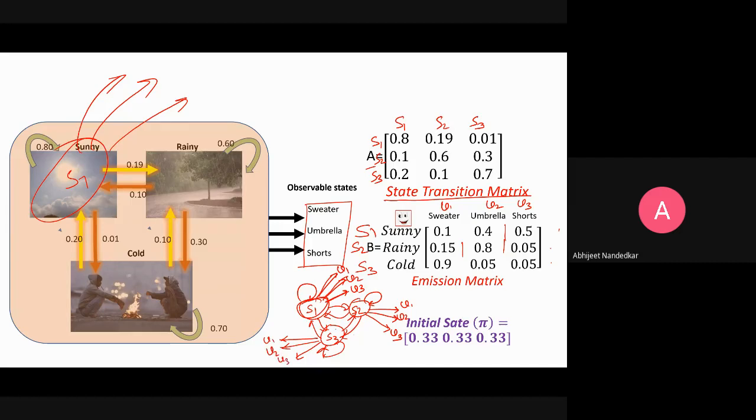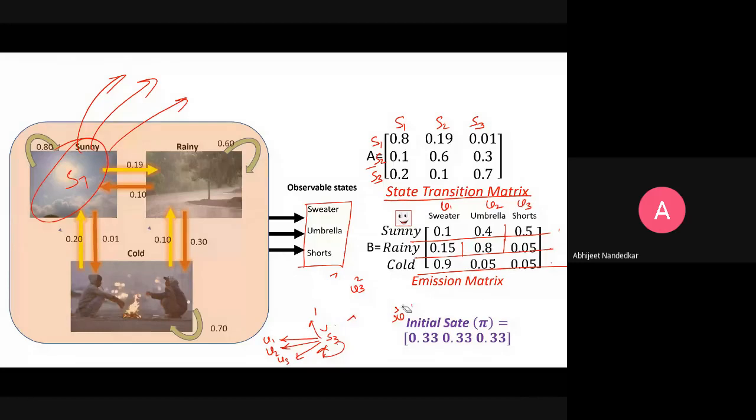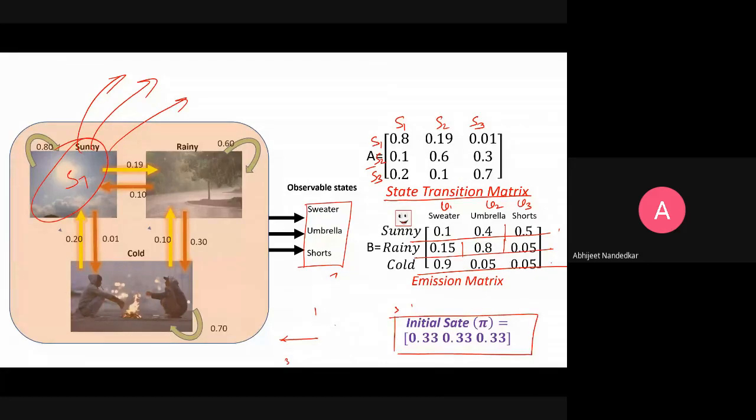So at each state, you have a different probability of emitting these symbols. This is given to you. Then you have one more quantity, the initial status of your machine.